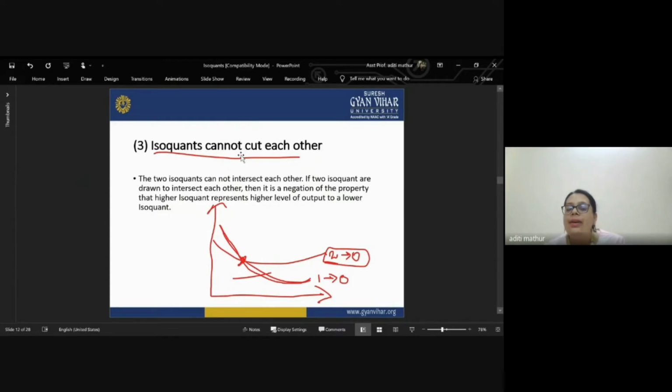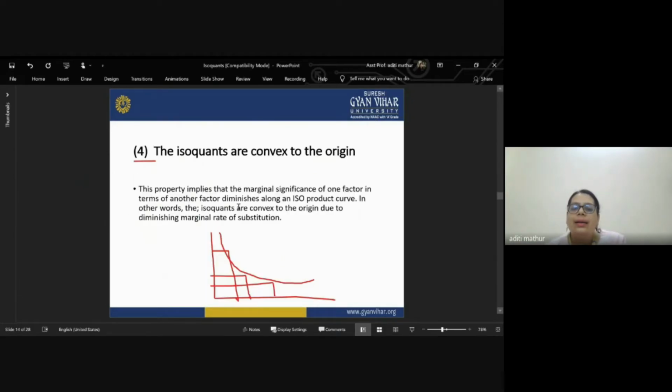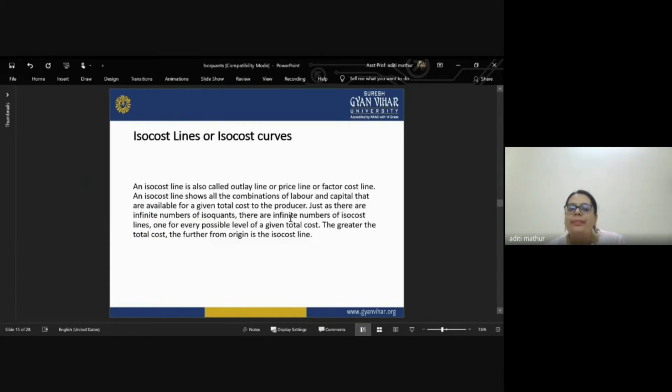IsoQuants never cut each other. That means they cannot cut, otherwise it would be a great misconception towards the IsoQuant theory itself.